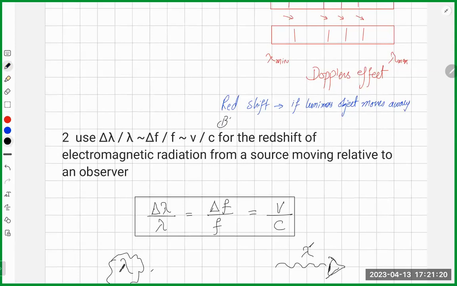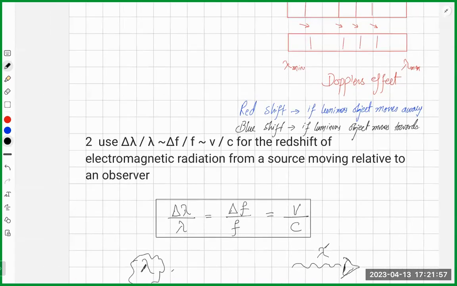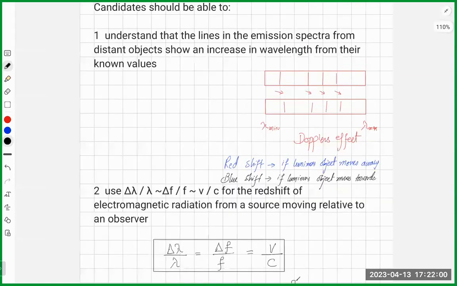And blue shift: if a luminous object moves towards you, you will be receiving a wavelength that is shorter than actually produced. That is called blue shift. And if something is moving away from you, you will receive a wavelength which is bigger than actually produced. That is called redshift.